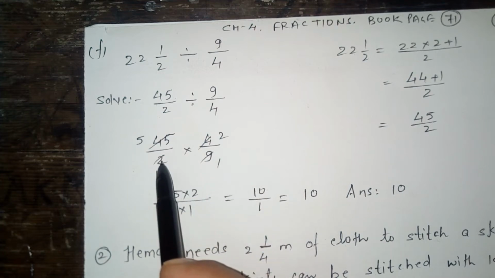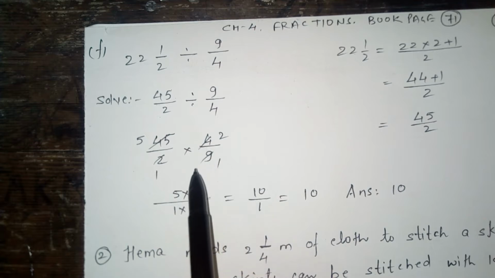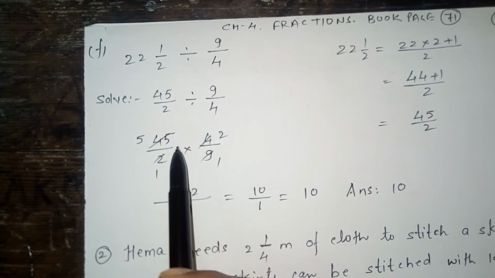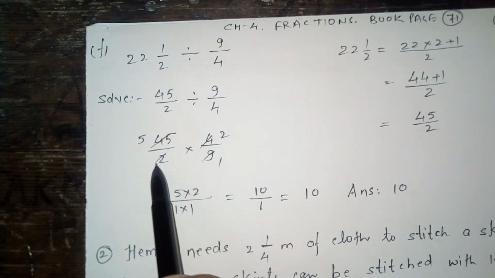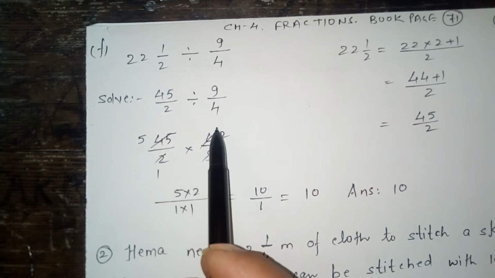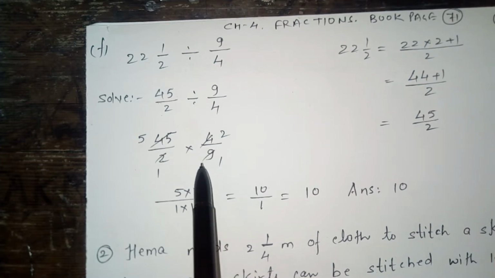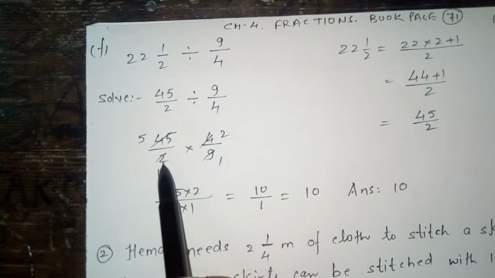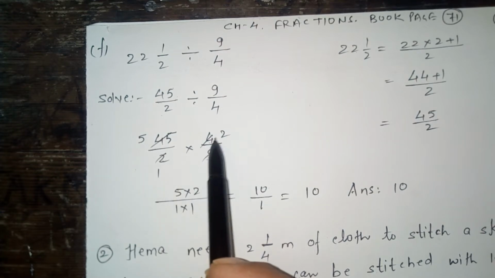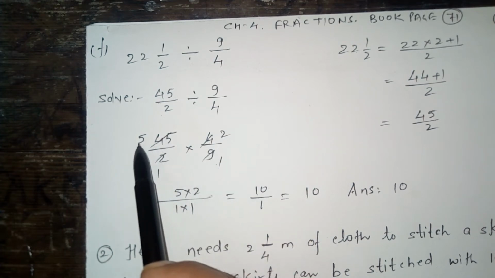Then after, we will apply the cancellation procedure. As you are looking, 45 is in the numerator, 2 is in the denominator, 4 is in the numerator, 9 is in the denominator. So what will you do? 4 cancelled by 2: 2 ones are 2, 2 twos are 4. 9 ones are 9, 9 fives are 45.